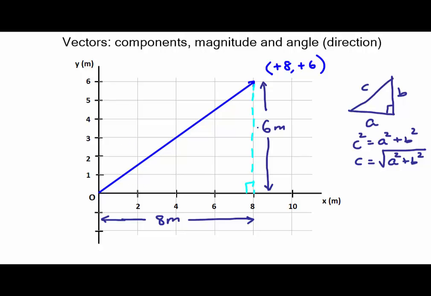And in this case, we know the two legs, we want the hypotenuse, so that would be the square root of 8 squared plus 6 squared, which is, 8 squared is 64, 6 squared is 36. Add those two, you get 100. Square root of 100 is 10. And since we're working with units of meters for both of these, the hypotenuse would be 10 meters long, and that's the magnitude of this vector.